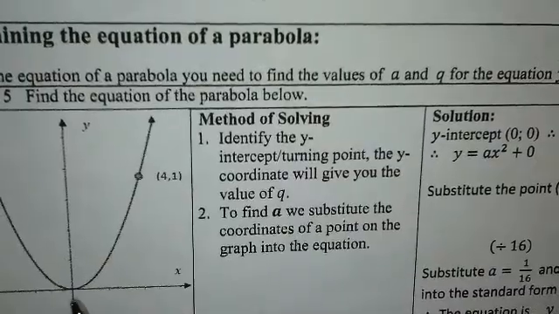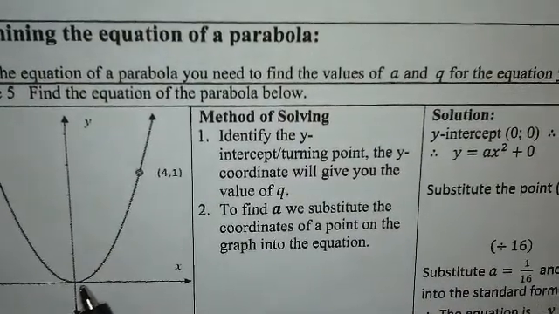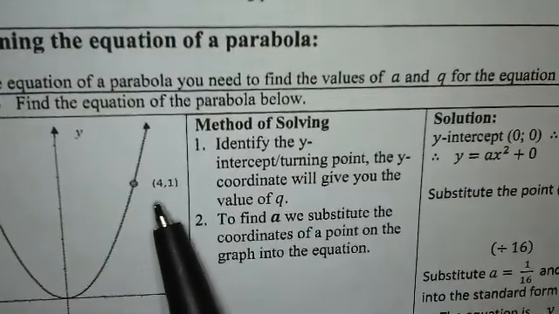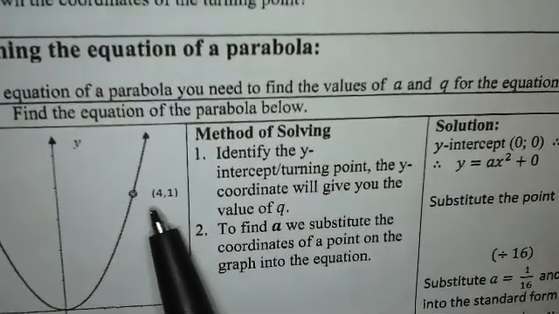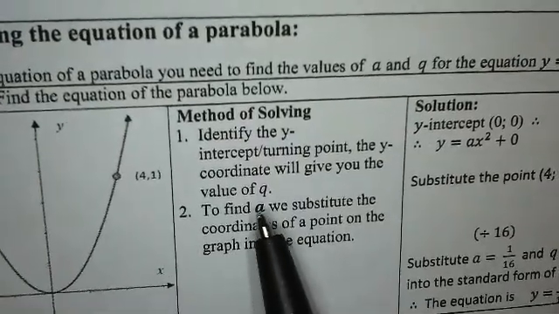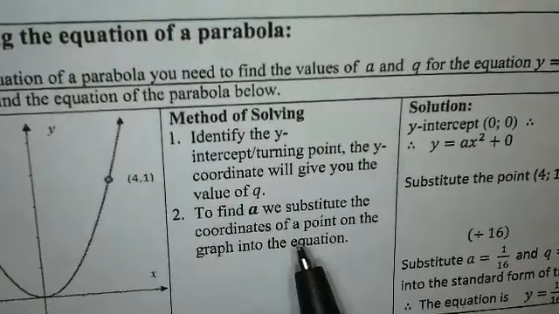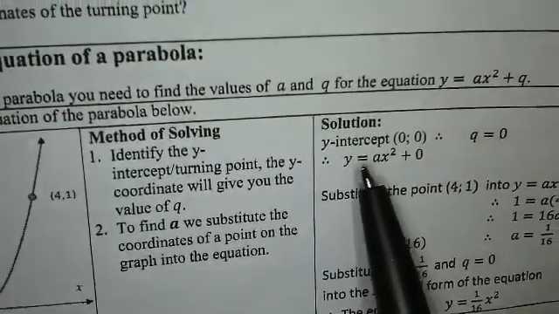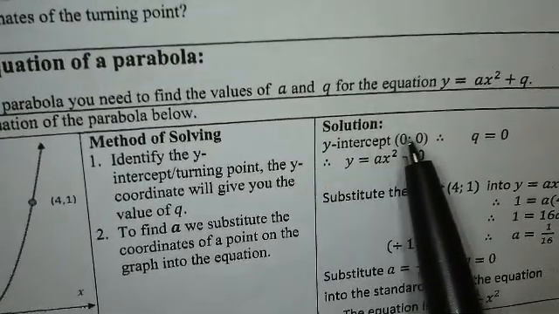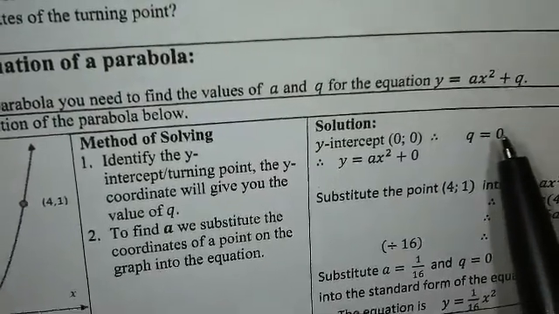So if you look at that, you see the turning point is 0, so y is equal to 0. Can you see then the 4 and the 1 is given? That will be your x and your y. So to find the value of a, we substitute those values into the general form. So once again, your y-intercept is the origin, (0, 0), which implies that my q will be 0.